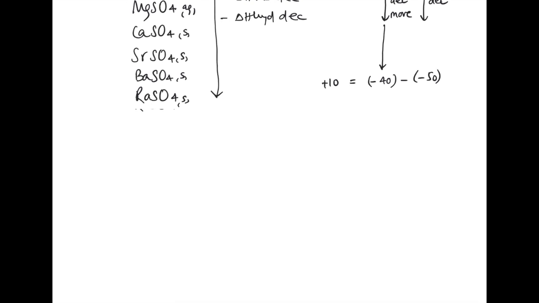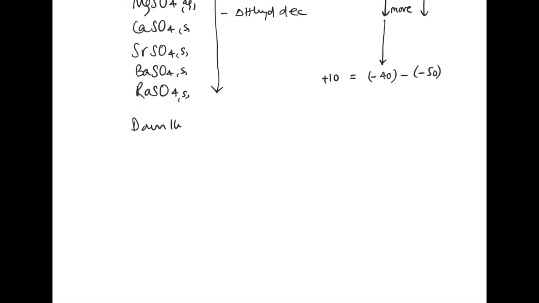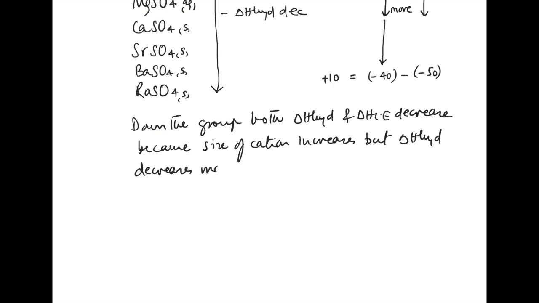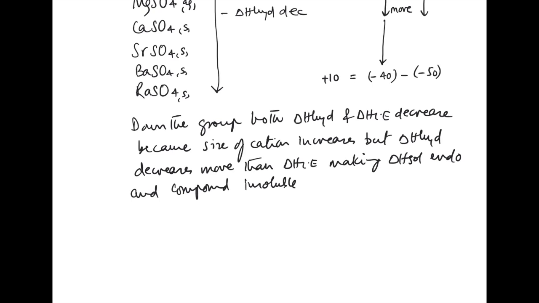So how do you write in the examination? So you say that down the group, both enthalpy of hydration and lattice decrease because size of cation increases, but enthalpy of hydration decreases more than lattice energy, making enthalpy of solution endothermic and compound insoluble.